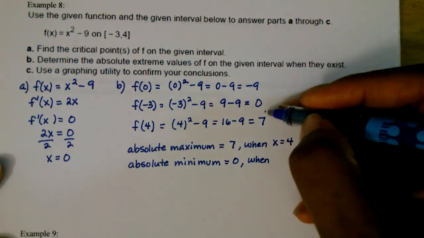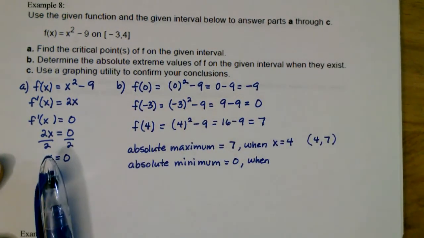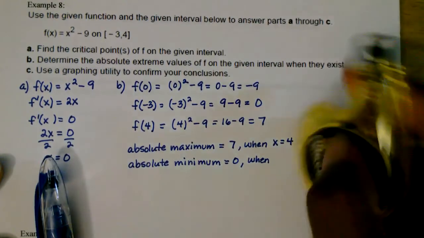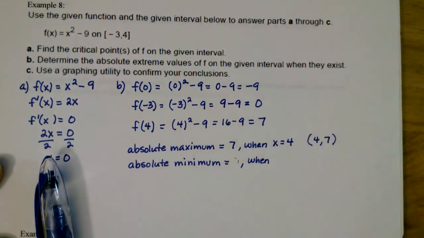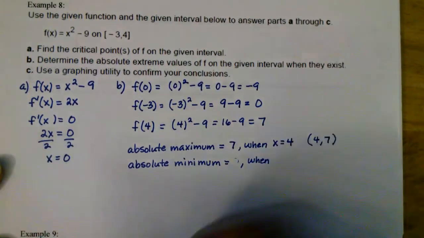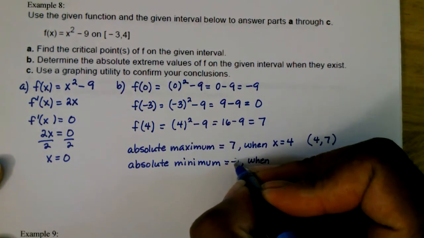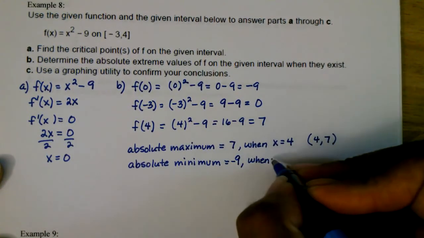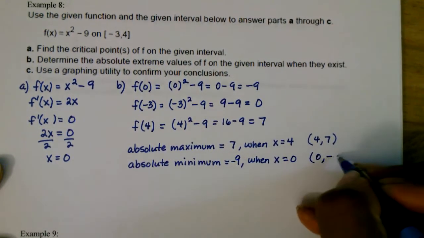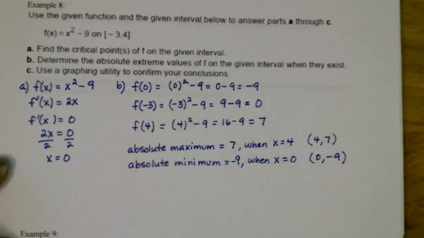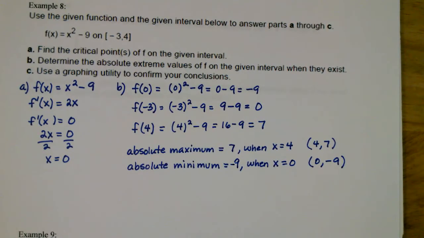No, I'm sorry. It's not 0. It's -9. And it occurred when x is equal to 0. Okay, so the absolute minimum is -9 when x was equal to 0. And the ordered pair for that would be (0, -9).